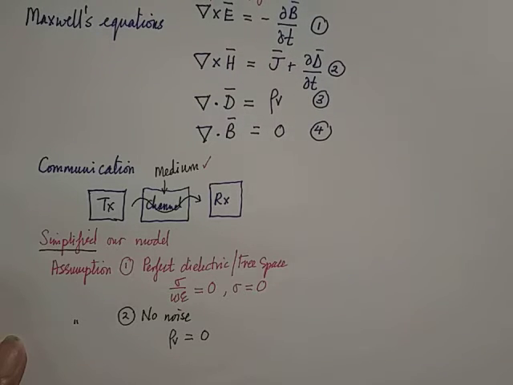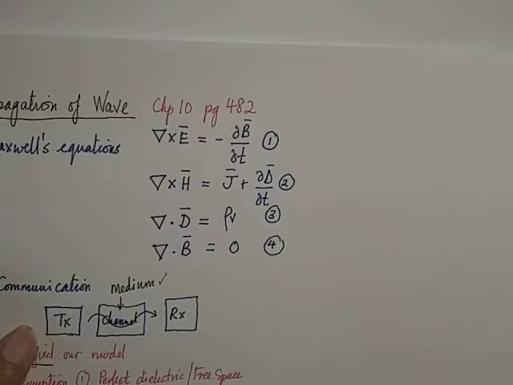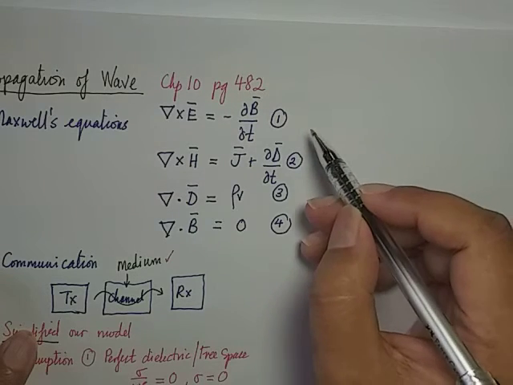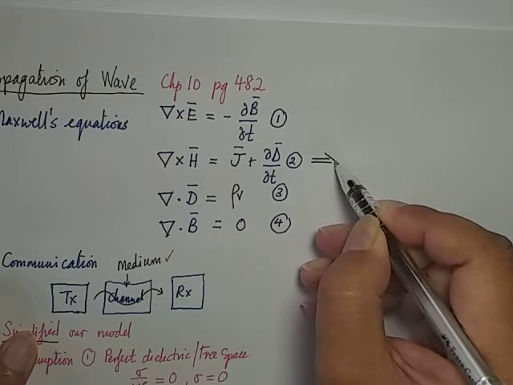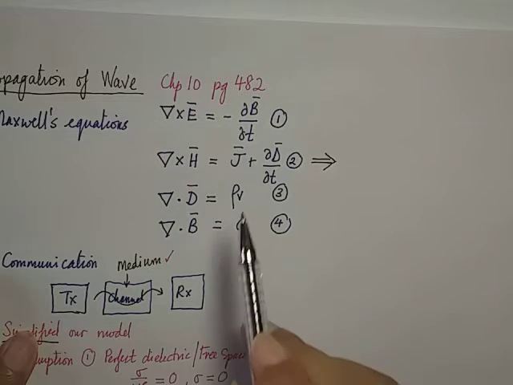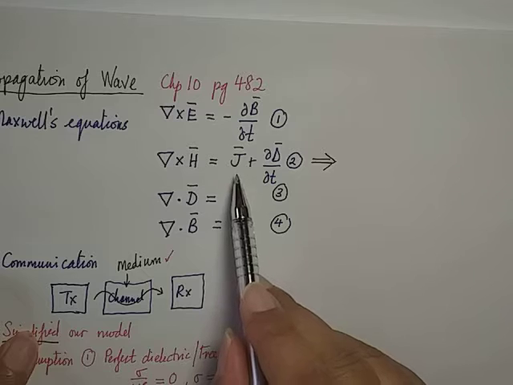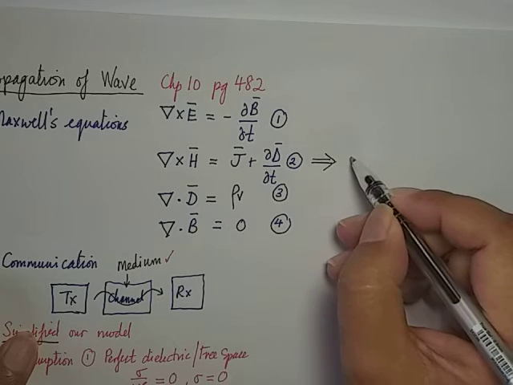Okay, so due to these two assumptions, what happens to our Maxwell equations? Our Maxwell equations are going to be altered. Equation number 1 will be as it is. However, equation number 2 is going to be changed. Why? Because we know the J here is the conduction current density, and based on Ohm's law in point form, J is equal to sigma E. Since conductivity is equal to 0, this term will also be equal to 0, and we end up with a new equation.